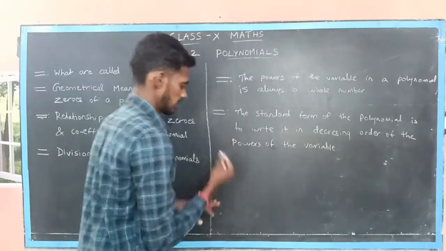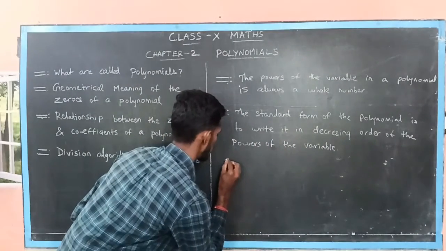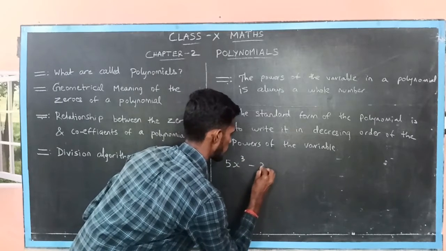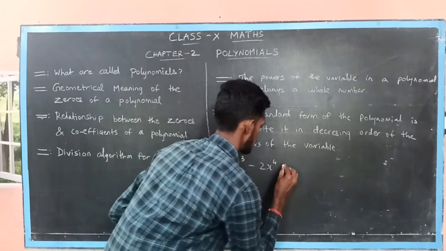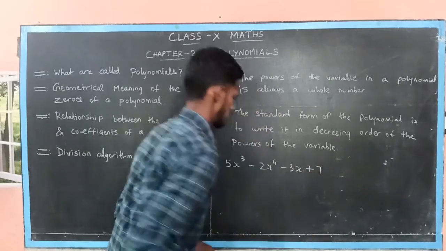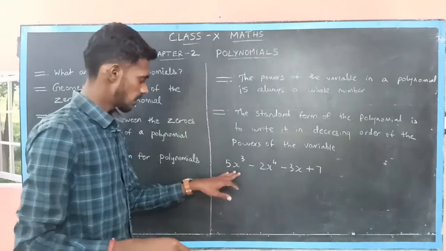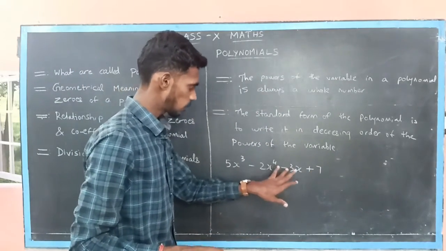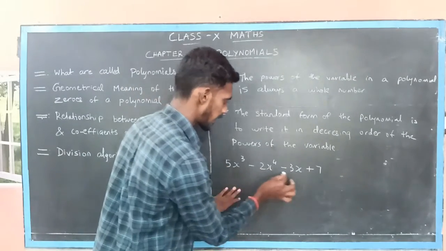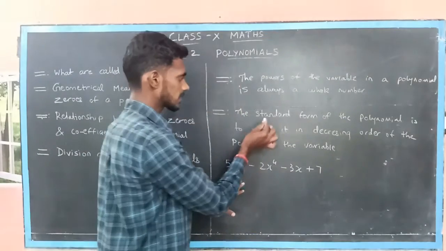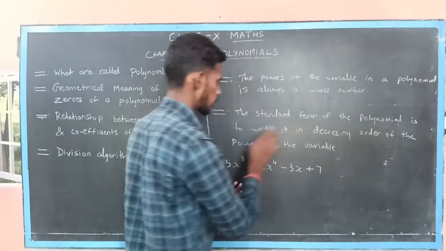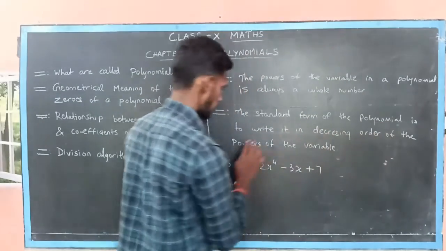For example, 5x cube minus 2x power 4 minus 3x plus 7. Now, I am going to rewrite this example in standard form. Standard form means we write the polynomial in decreasing order of the powers.